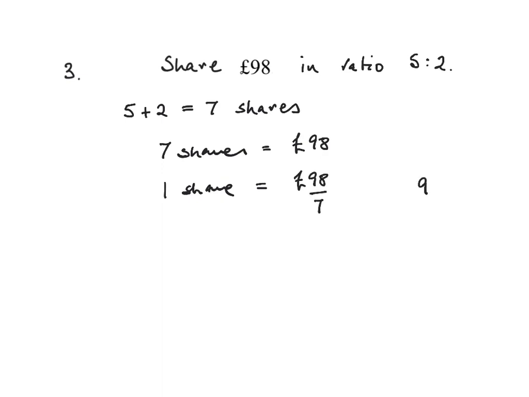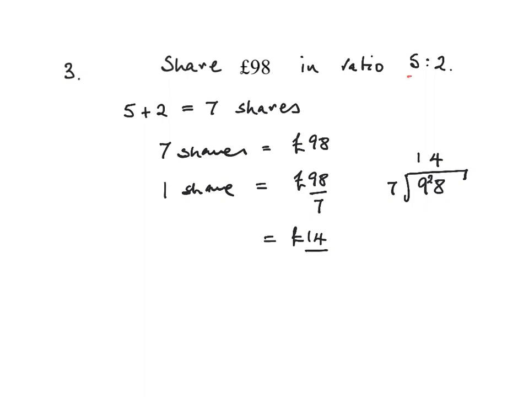How many times does 7 divide into 98? 7 goes into 9 once, with 2 left over. 7 goes into 28 4 times. So 1 share is equal to £14.